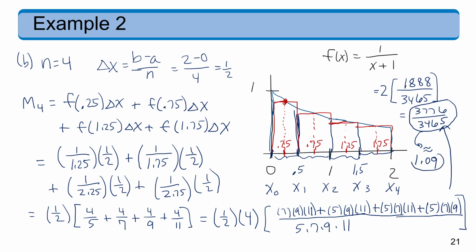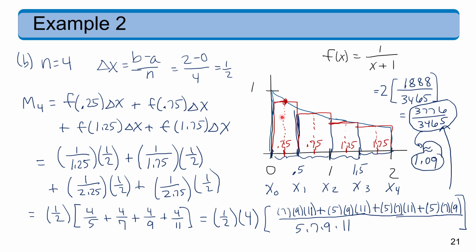So that last calculation turned out to be kind of messy, but that's not the main point of the problem. Our estimate for the area below the curve is 1.09. Now let's see if that seems reasonable. If we just made one big box here, it would be 2 for the width and 1 for the height, so the area would be 2.